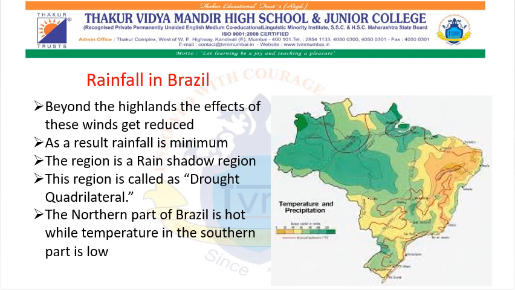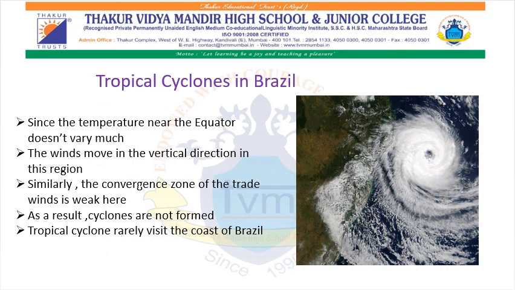Now near the equator you'll find the temperature does not vary much. In the coastal regions of Brazil, near the equator, you'll find the difference in the temperature is negligible.